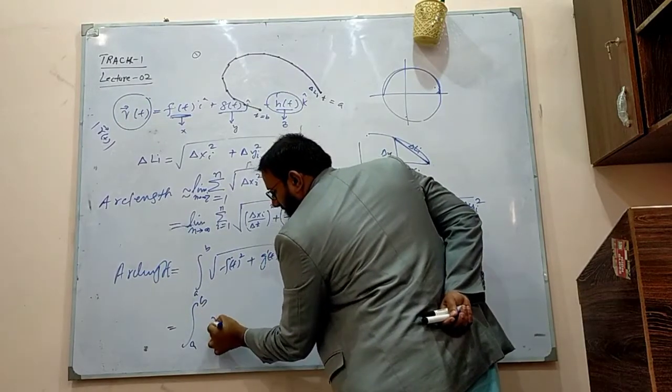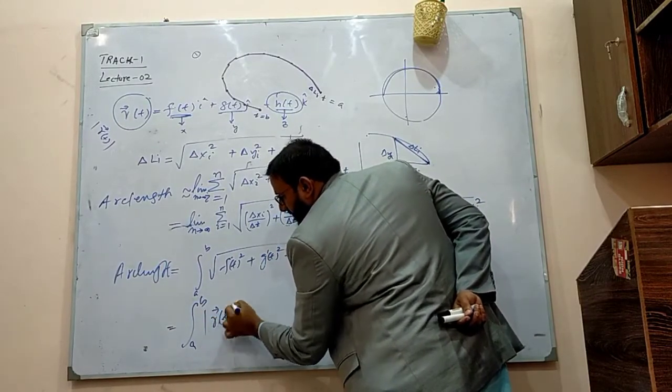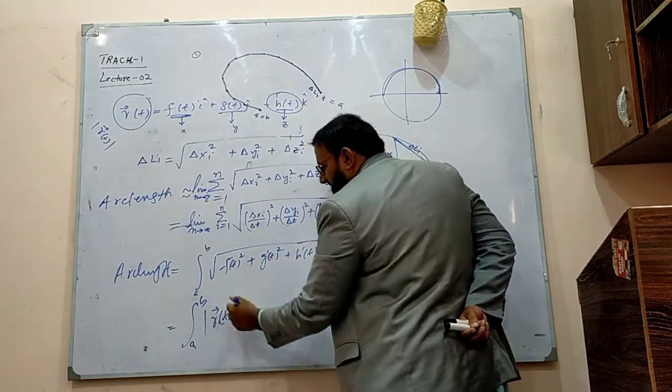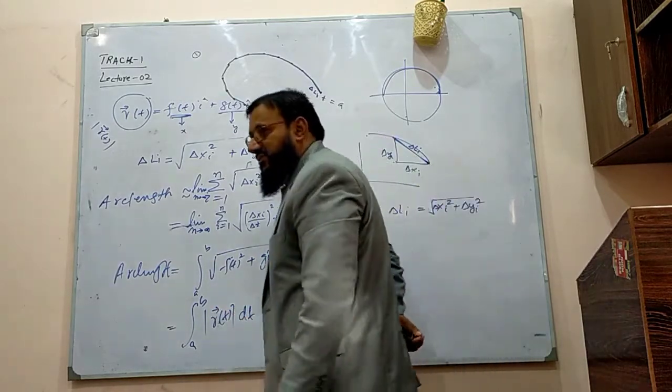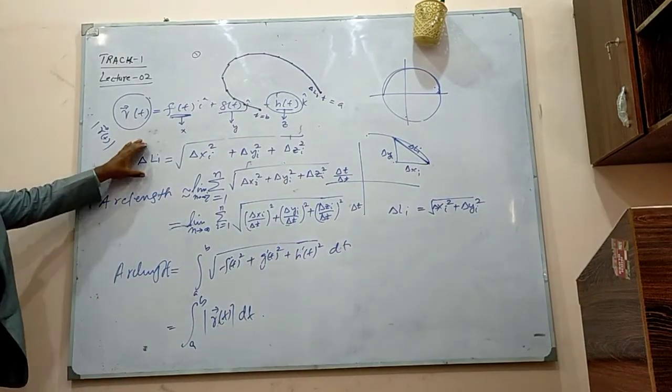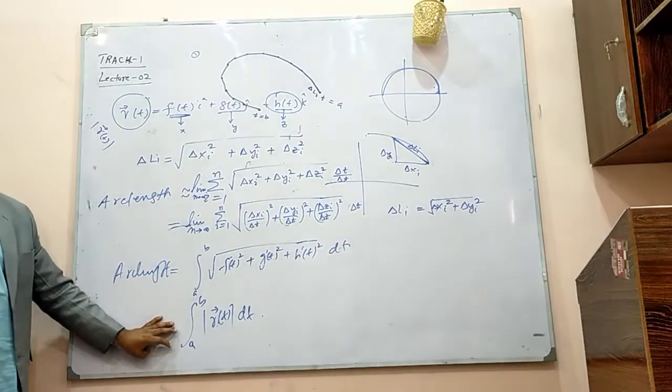So in this way, r of t and mod means the length of this vector, and length is defined in this way, dt. That's all. But I emphasize this particular thing, otherwise I would have written the exact formula. Okay, this is the formula.